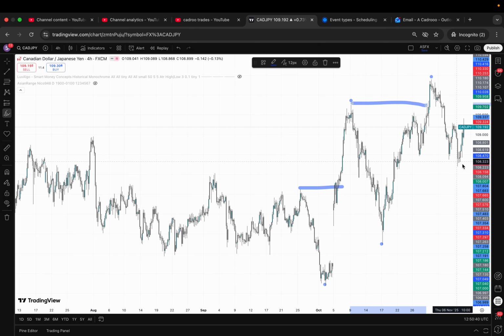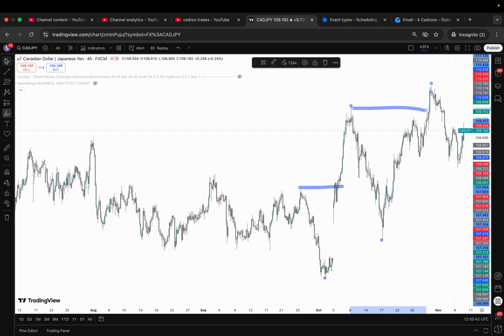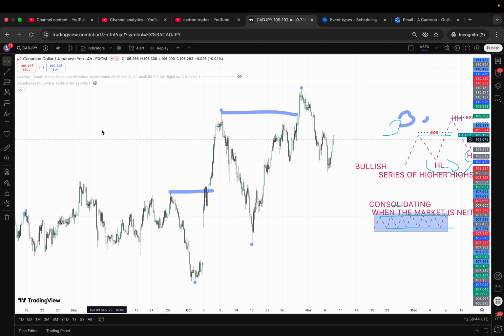It's as simple as that. This is how you identify who is in control. Again, this is a higher low, this is a higher high. Why? Because price broke above this high, which is called a break of structure. In the next video, I'm going to be explaining external structure, internal structure and complex pullback.